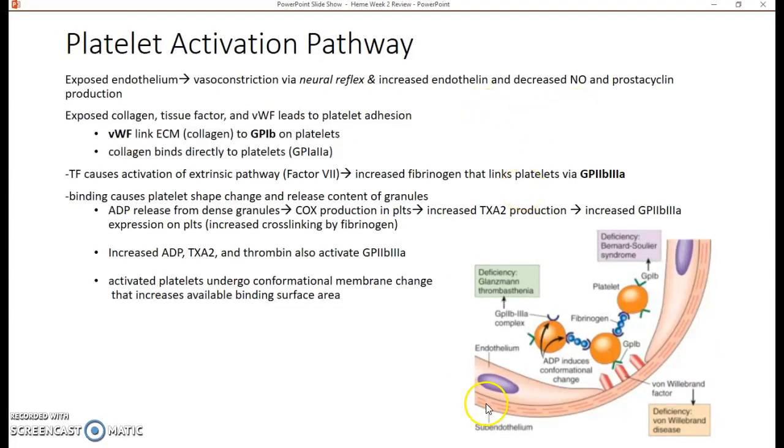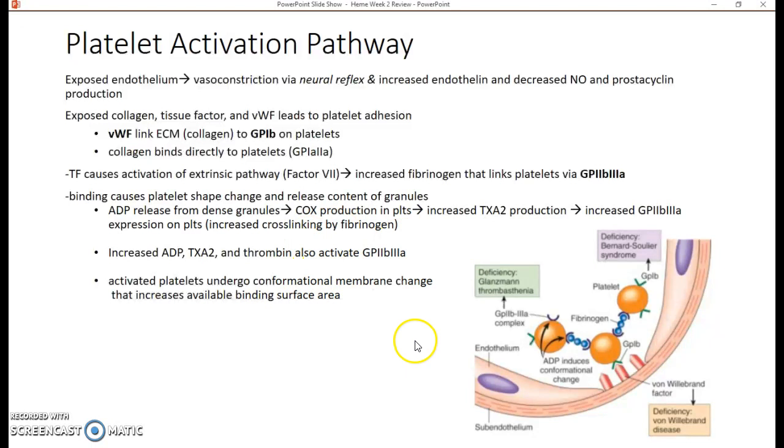And as these platelets bind, they become activated. ADP release, they're activated through these local factors, as well as binding, causing this shape change, and the granules release. All these factors can recruit more platelets, and you get this initial plug.